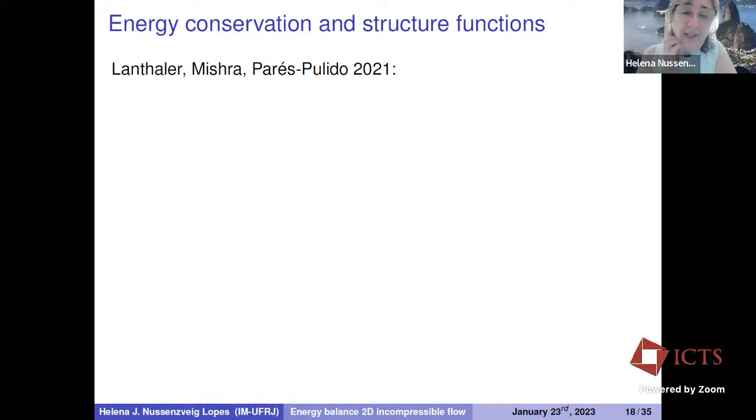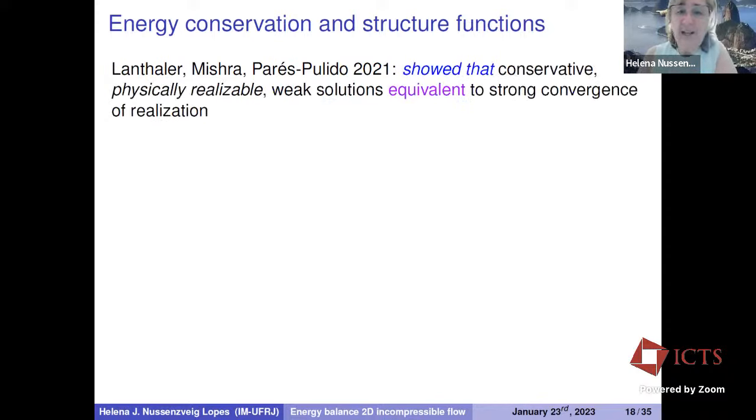Okay. In 2021, Samuel Lanthaler, Sid Mishra, and Carlos Parés Pulido proved the following theorem. They showed that a physically realizable weak solution is conservative if and only if the vanishing viscosity limit is strong. In other words, if you have strong convergence of the realization.